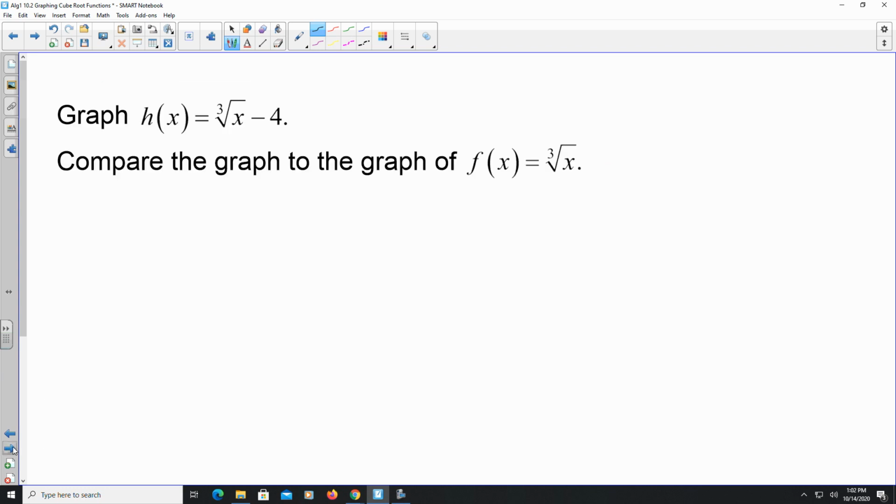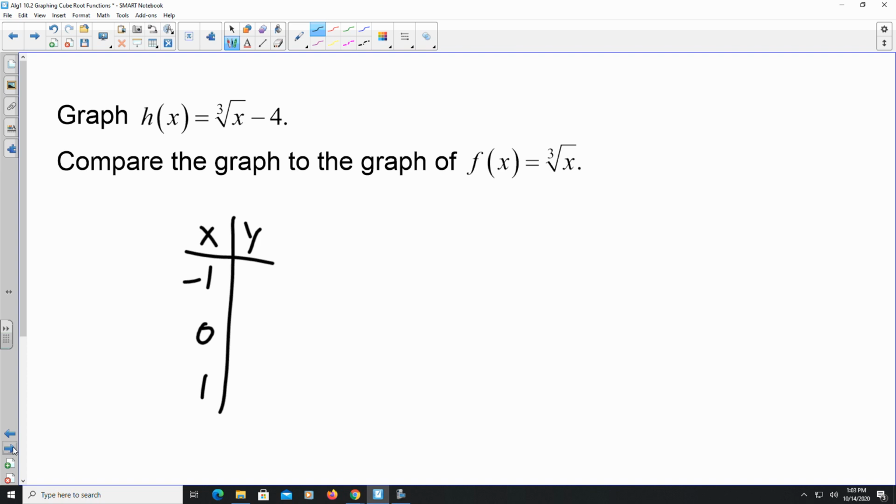Here they're asking us to graph the function and compare it. Again, I referenced the square root transformations, which will give you the same thing. First off, I make my table, and I'm just going to pick -1, 0, and 1 as my values.